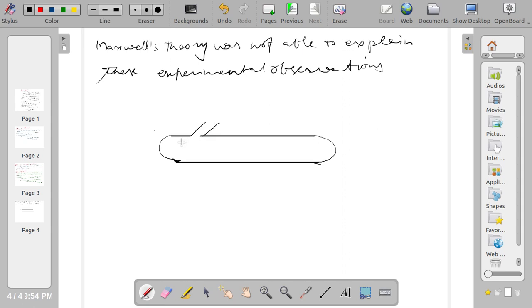This is the opening. This is the cathode, a negative terminal, and this is a positive terminal.